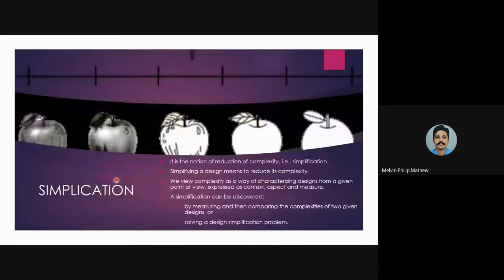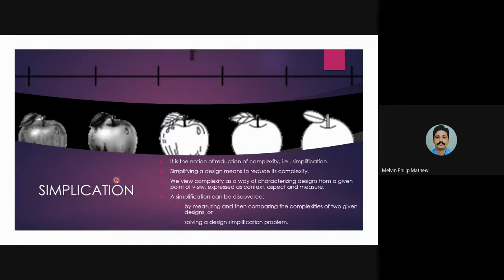And then comes simplification. The idea of simplification is to create a simple design and simple operating procedure for easier manufacturing and less production time. So what was the objective here? We have to design an object with a simple design, and the procedure to make the device should also be in a simple manner, so as to reduce the production time and increase the manufactured products.